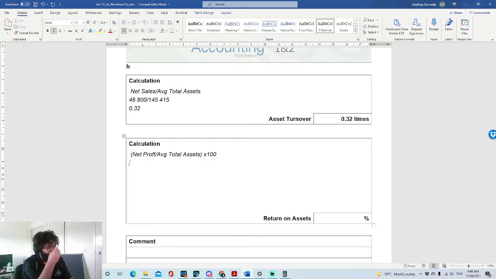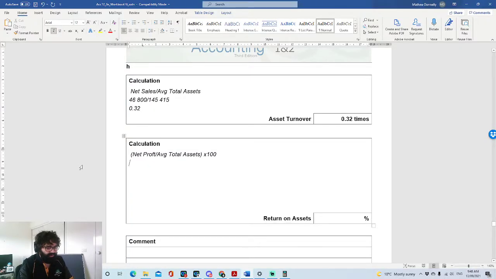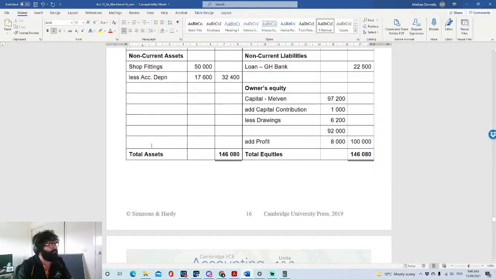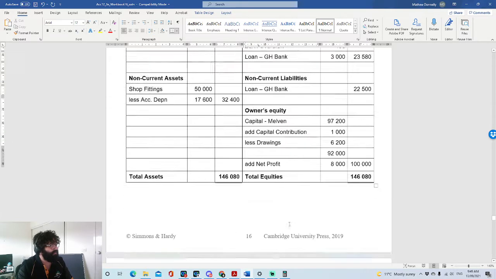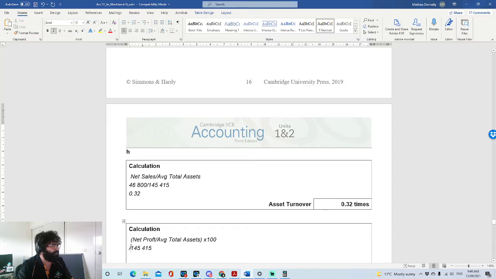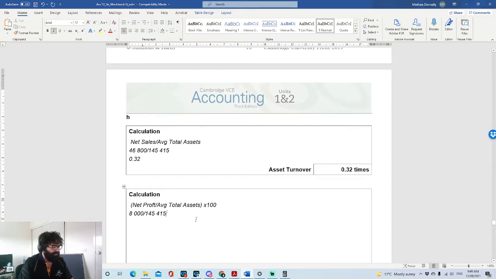So net profit, let's go. We've got our 145,415. We already got that number. We don't need to put that in again, but we do need to grab our net profit, which was 8,000. There we go, 8,000. And then times that by 100.